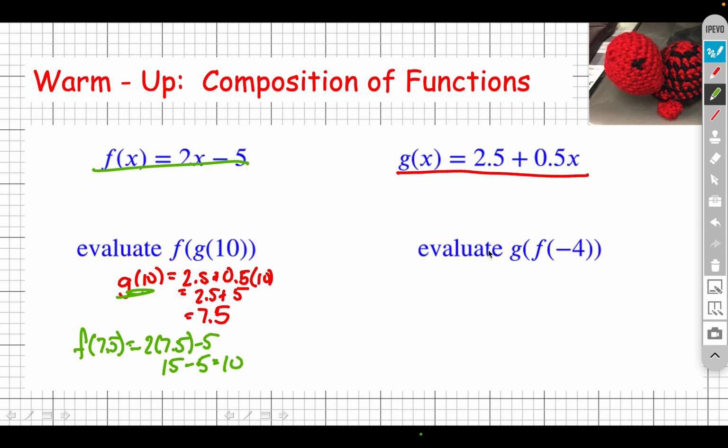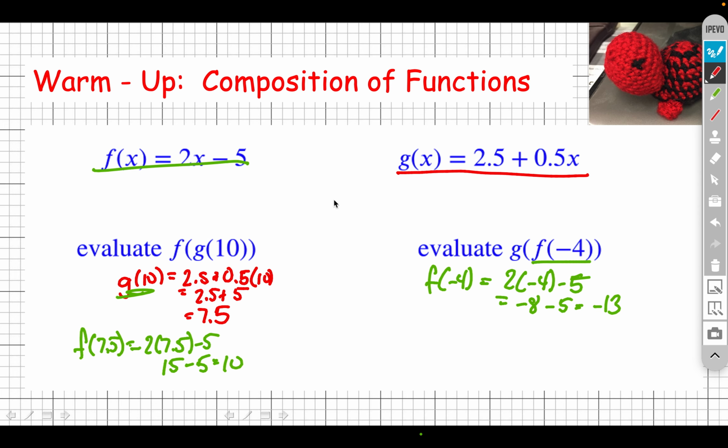In this one here, we're going to start off with f. So we evaluate f of -4, and that is going to be 2 times -4 minus 5, which is -8 minus 5, which is -13.